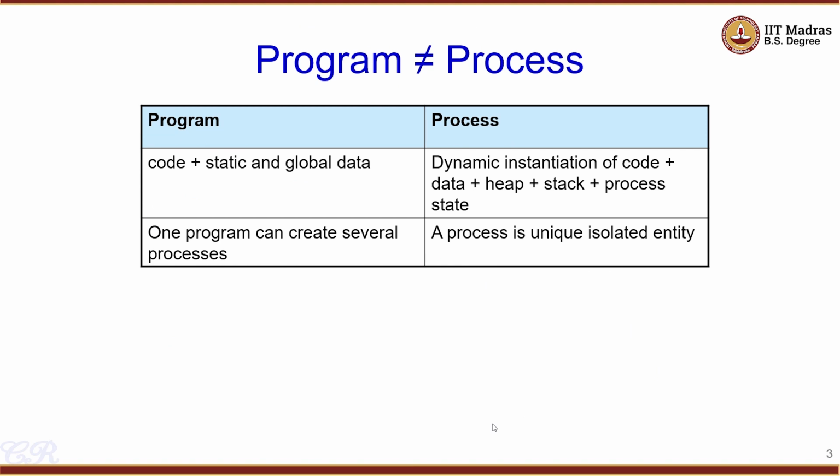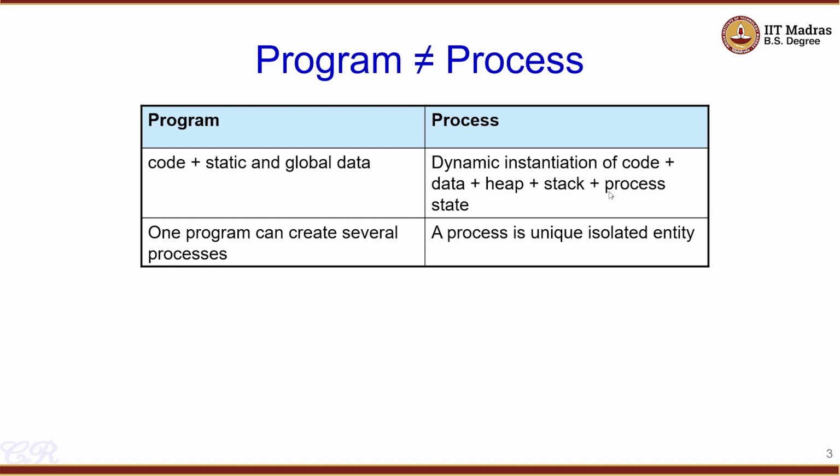So just to summarize, what's the difference between a program, that is an executable, and a process? A program executable is essentially just code and static and global data, while a process, in addition to this code and data, also comprises heap and stack.